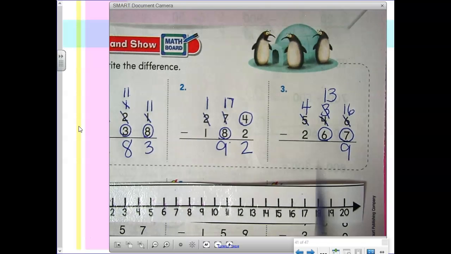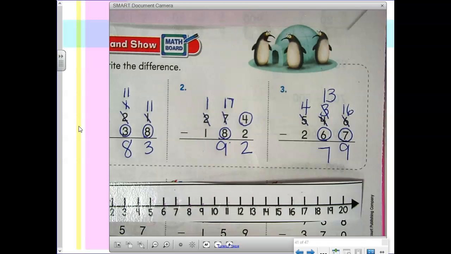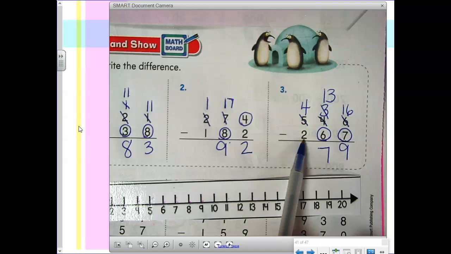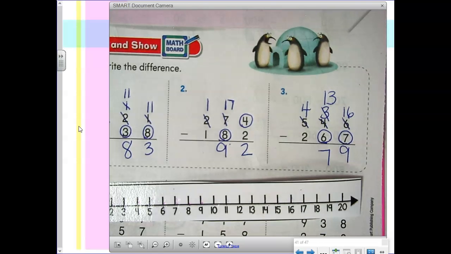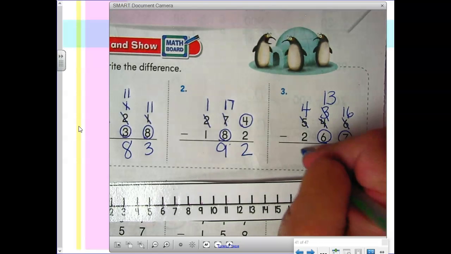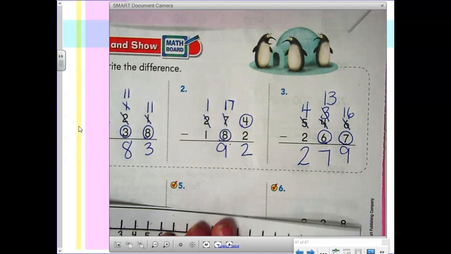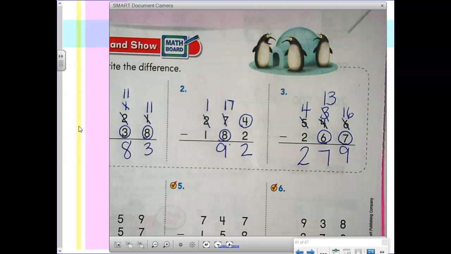Our answer is 7. And 4 minus 2 is 2. 279.